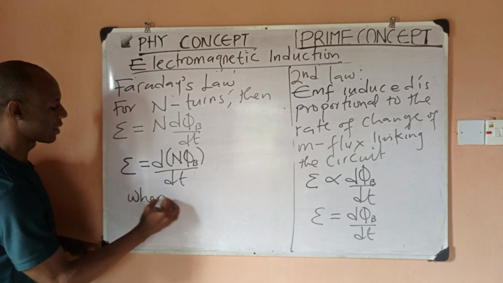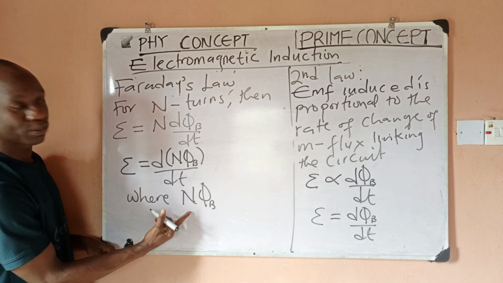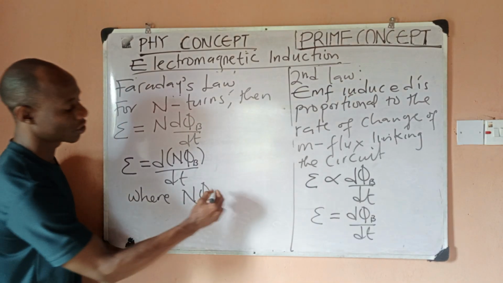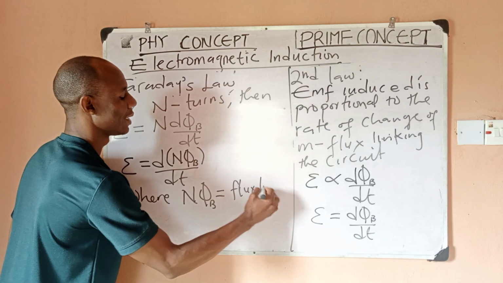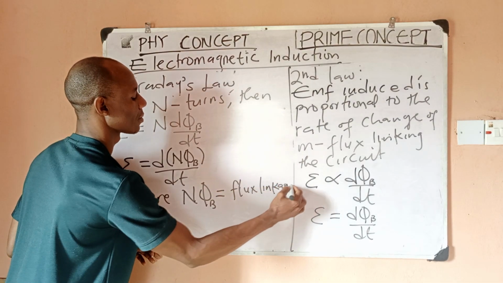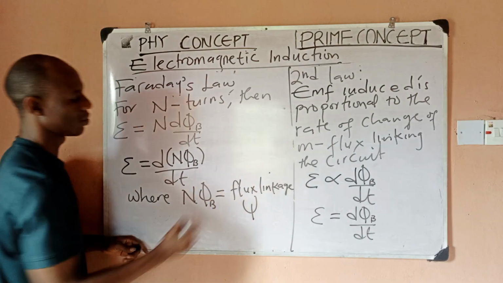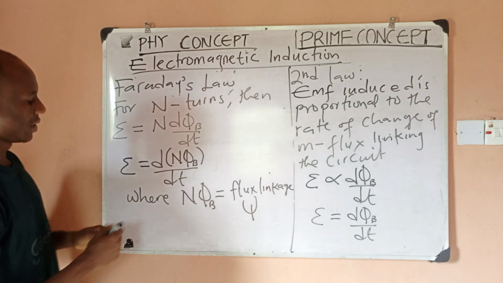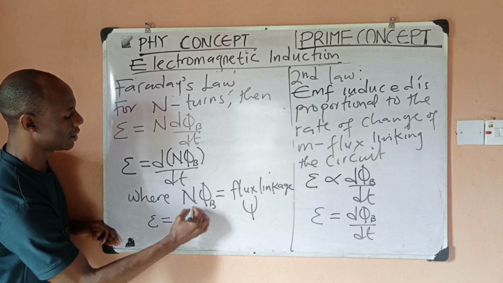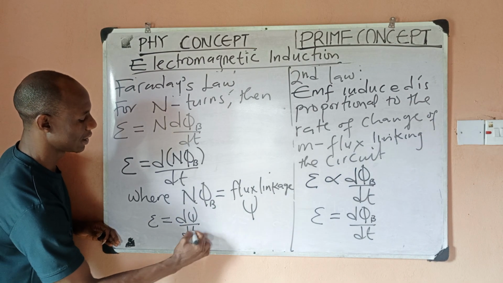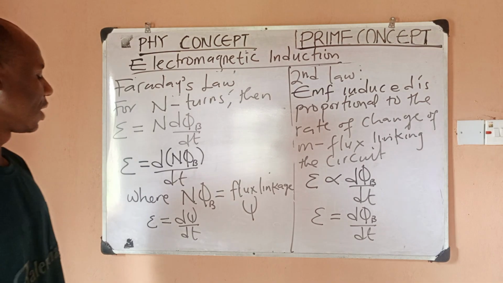Take note of the fact that the product of number of turns and flux is known as flux linkage, which I will denote with the symbol psi. Which simply means that I can write this equation as dψ/dt. This is Faraday's law, right? So you take note of this law.